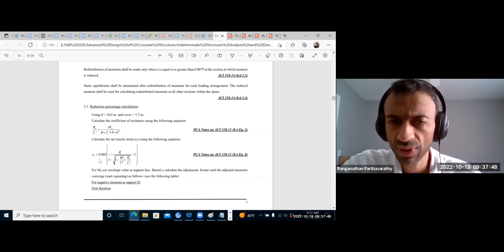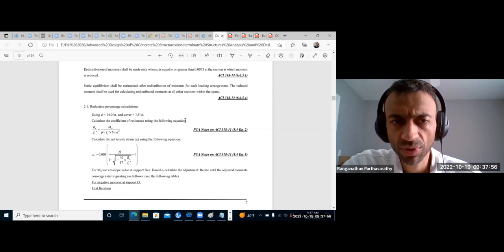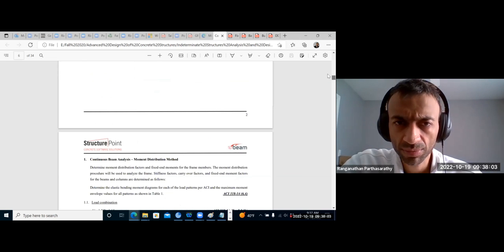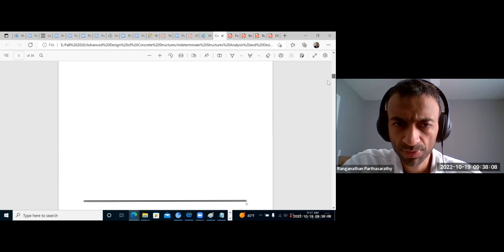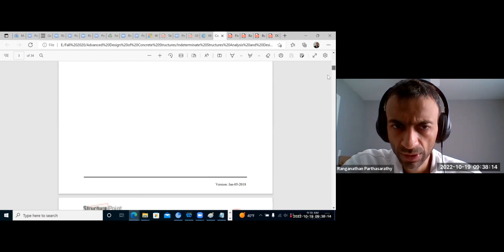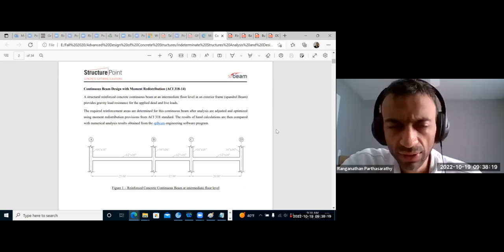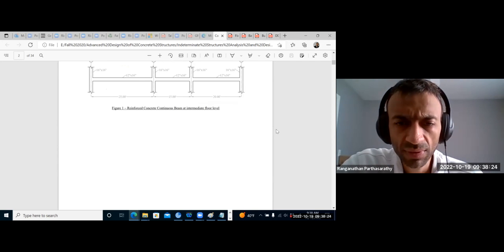You can do it by our usual method. Little d is 14 inch and cover 1.5. The beam cross section was 12 by 16, so our effective depth is 14 inch and breadth is 12.